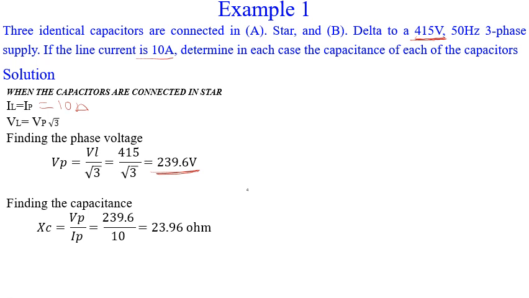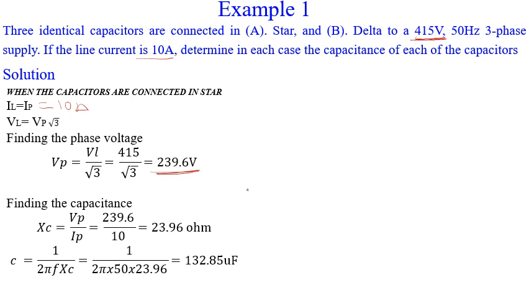If it was resistance, since they said they are resistors, we would have said V is equal to IR. But here it is capacitance, that is why we are doing it as Xc. So Xc equals Vp all over Ip, and we know our phase voltage and our phase current. Dividing, we get our capacitive reactance as 23.96 ohms.